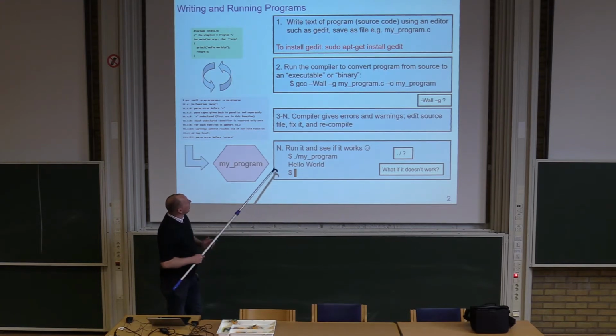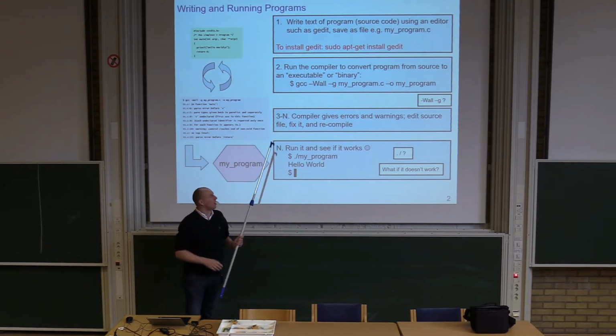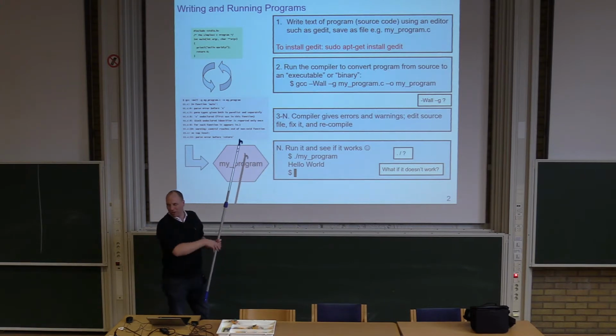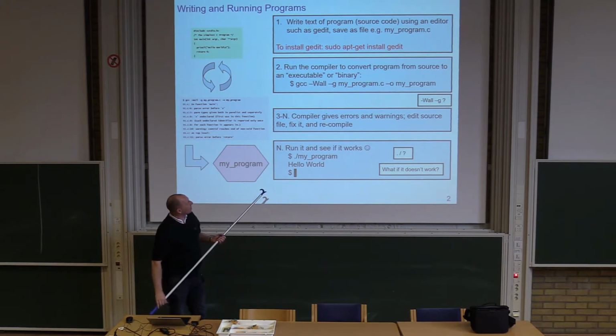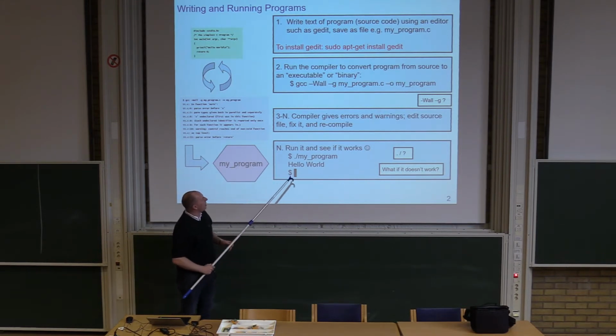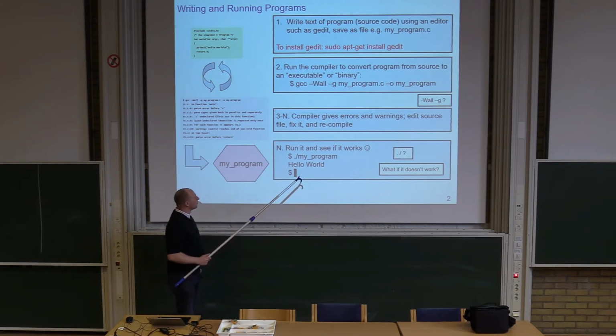When you compile, there might be warnings or errors, and then you have to go back to the text editor, change it, and recompile. But if everything works out without any problems, you will get a binary file that you can then execute.